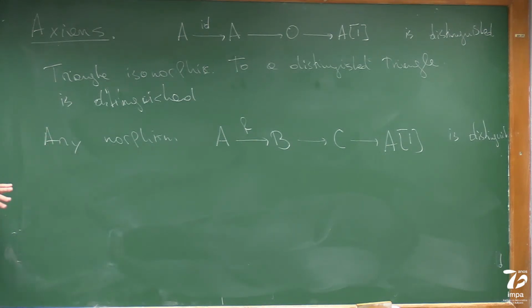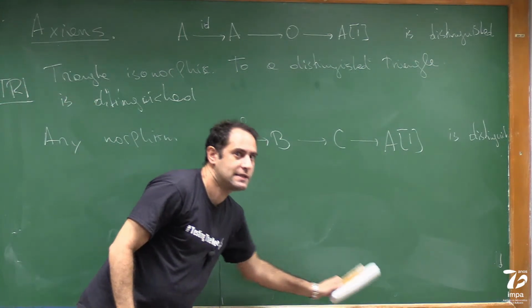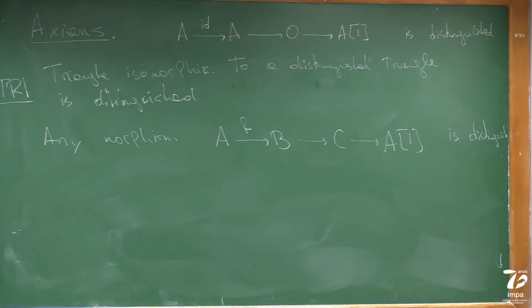So this is going to be my first axiom. I'm going to give you 4 of those axioms, but let's understand this one, because we've already seen that structure before. In the category of chain complexes, we've seen exactly that structure. Actually, probably in the category of cochain complexes in the way that I'm defining this.